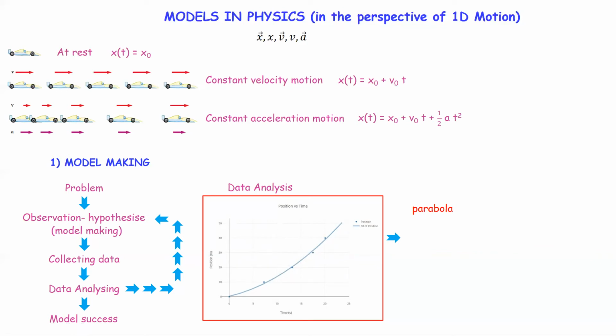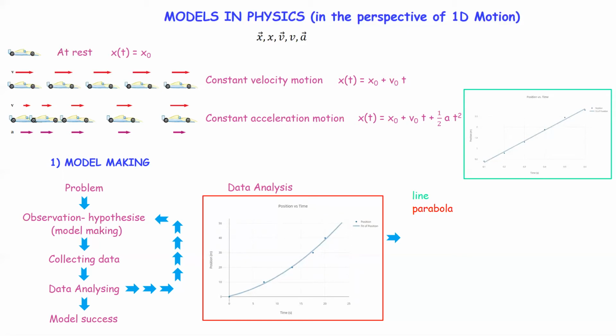In your mind, you see this is not a straight line and it looks like a curve, and there is a known mathematical model or fitting for this kind of curve. I might choose the parabola. If your data looks like this, you choose a line.